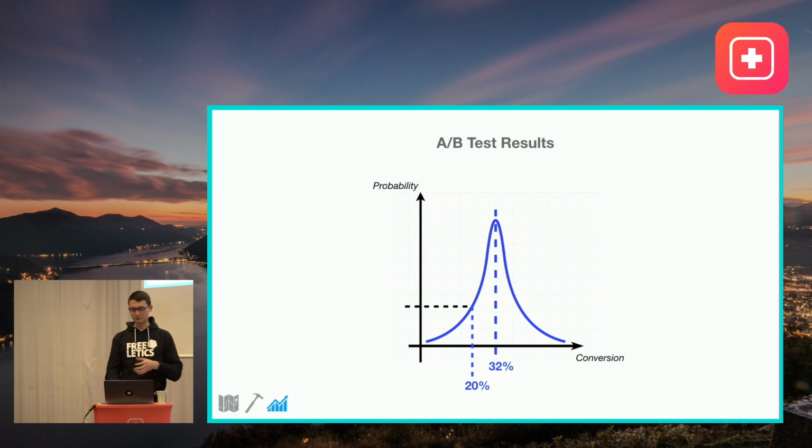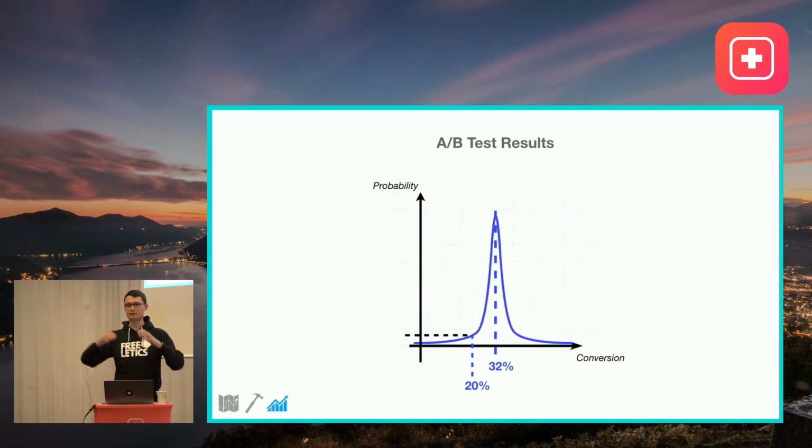If we prolong the A/B test longer, then this graph becomes more narrow, and it becomes less probable that the real value differs from the observed value.